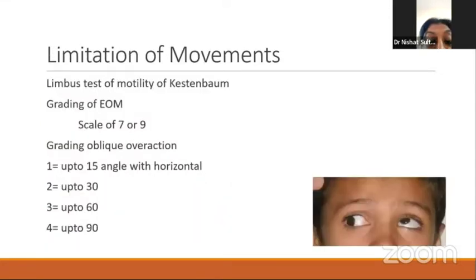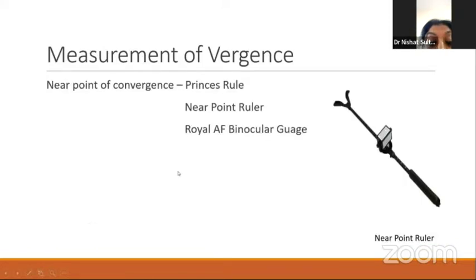The next thing you're going to look for is limitation of movements. So the limbus test. So basically you can see how far away from the midline you can see the limbus, which tells you the limitation of movement. And in case of oblique overactions, the angle it makes with the horizontal line.